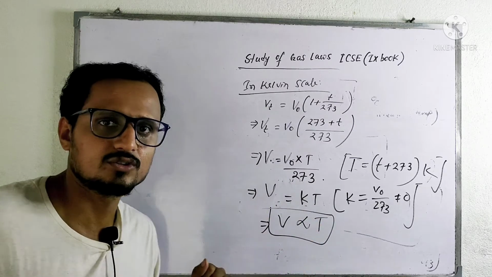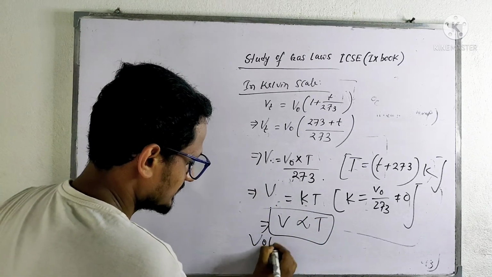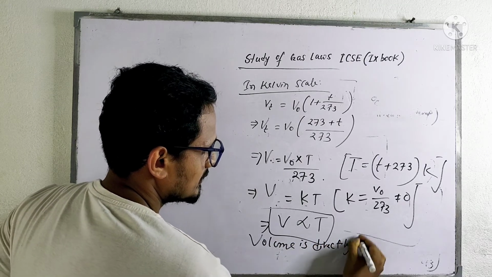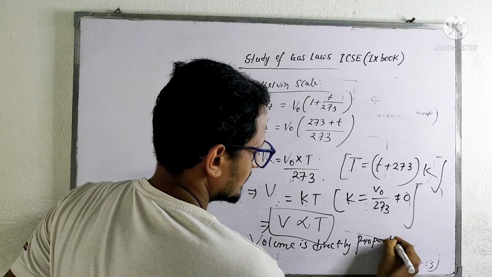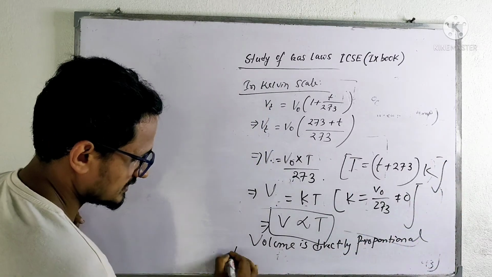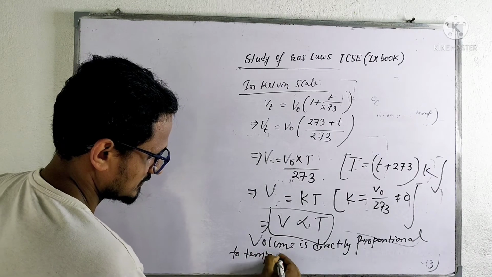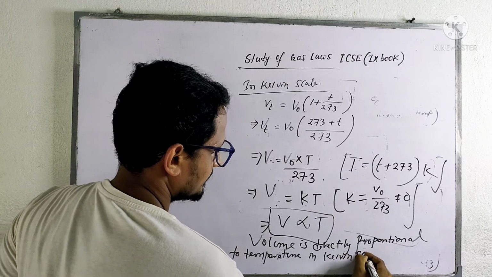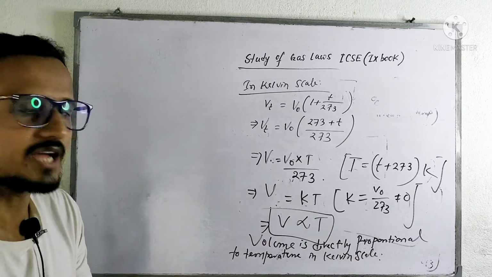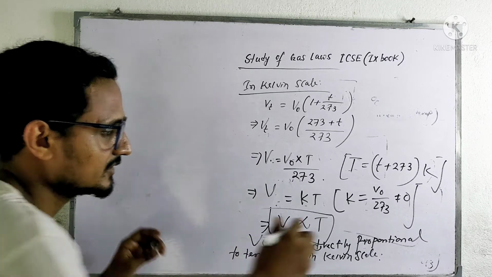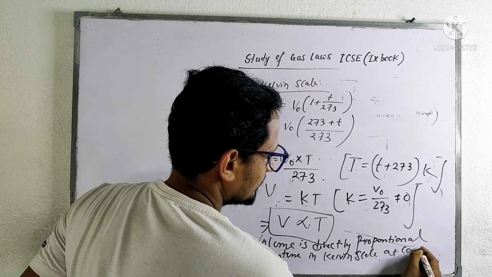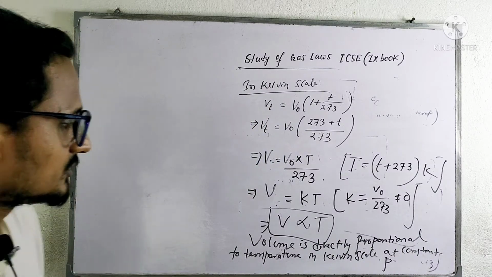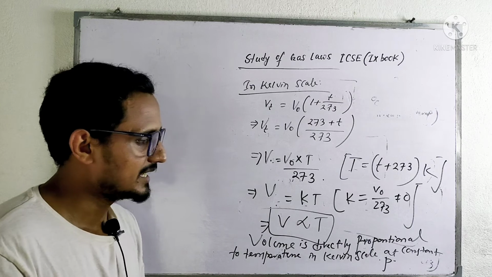Volume is directly proportional to the temperature in Kelvin scale, at constant pressure and fixed mass. So this is the relation of Charles law at constant pressure in Kelvin scale.